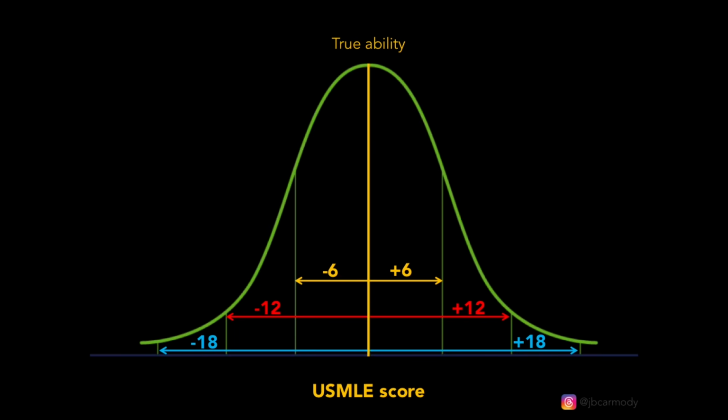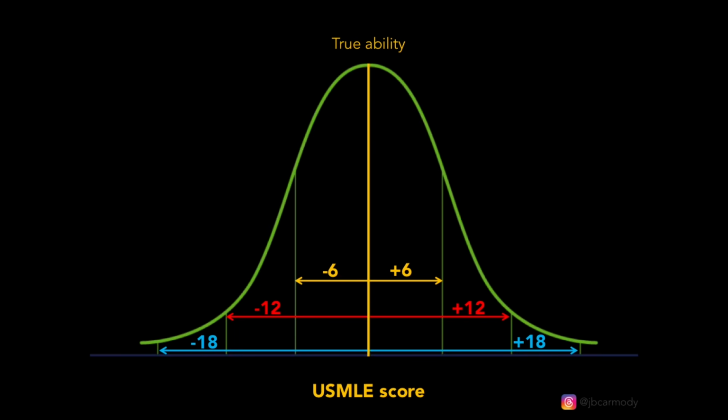Please recall, as I've discussed multiple times on this channel and elsewhere, that USMLE scores are not a terribly precise measurement. If a given examinee took the USMLE over and over using different sets of items that cover similar content, but every time they take the test, we reset their mind back to what they knew at the beginning of the test, so they aren't ever learning new material or forgetting old material.